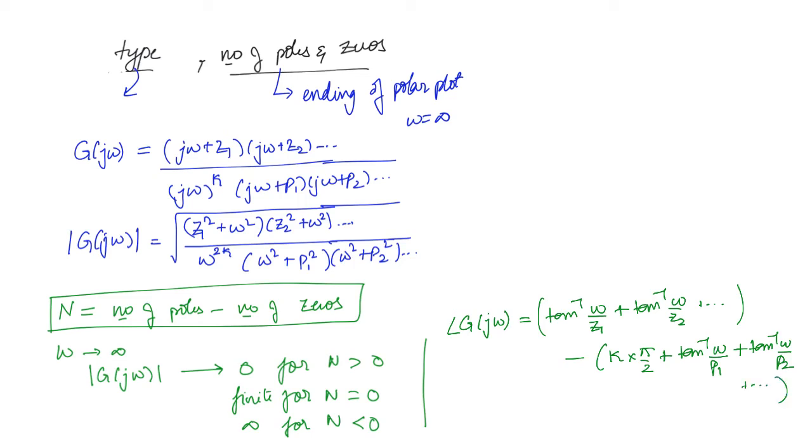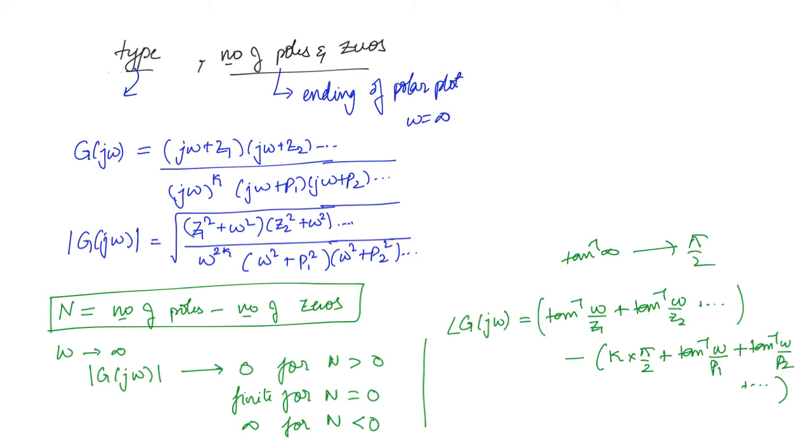Now what will happen when omega tends to infinity? Each of these terms will become tan inverse infinity. What is tan inverse infinity? It is pi by 2, 90 degrees.